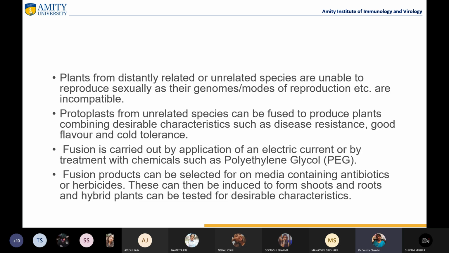So, for example, in one variety, I see one quality, and in another distantly related variety, I see that that plant is resistant to a particular disease, which the first plant is not resistant to. So I need a plant which is resistant to the disease, but is also retaining its qualities, or maybe of a high yield, or maybe of a good color of the crop, or maybe good shelf life of the fruit, right? So this is not possible by the natural crossing, because these plants are not compatible. They belong to a different species. So sexually they cannot reproduce, right?